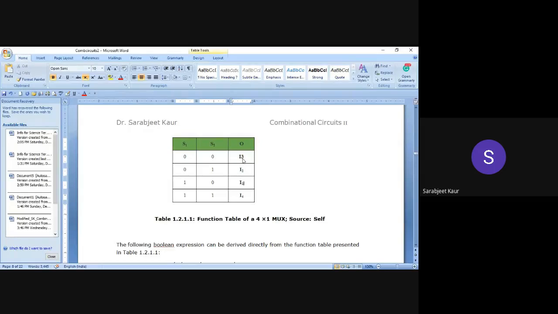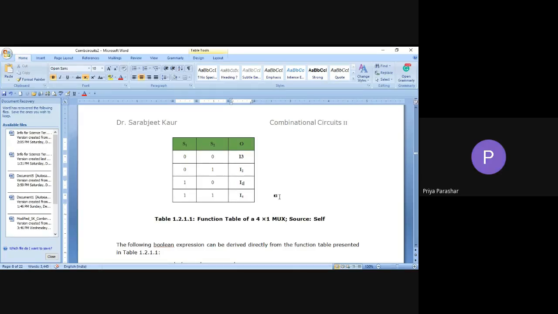Is this what you want to ask? Ma'am, I'm asking why, when the first selection line is zero and the second selection line is also zero, how do we know that the first input line should be passed on to the output? Just see on the screen what I have done. Is this what you want to ask?